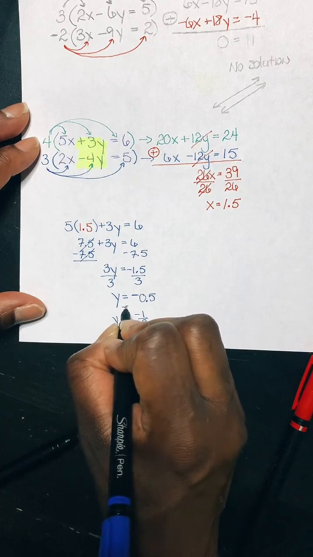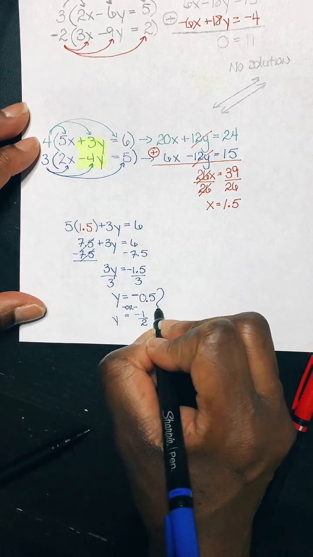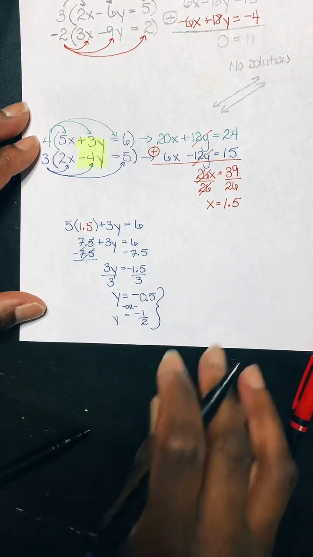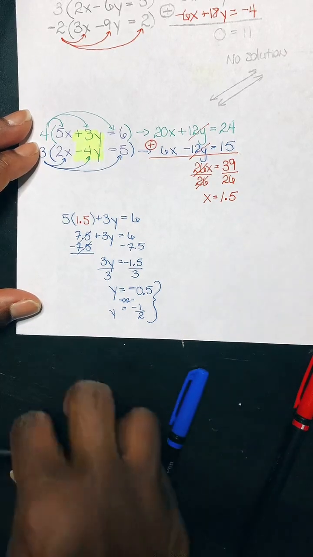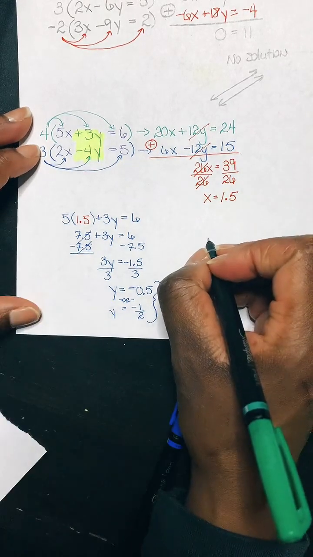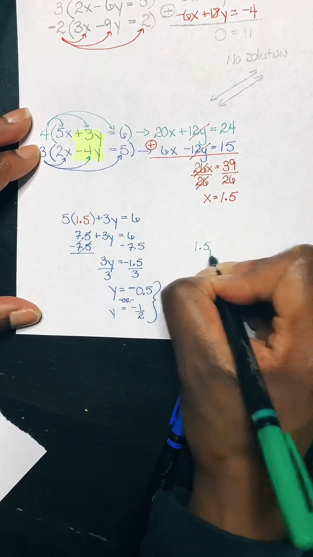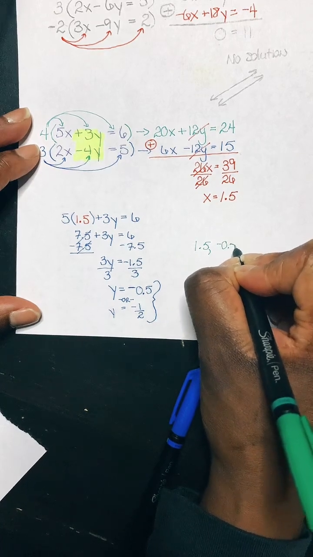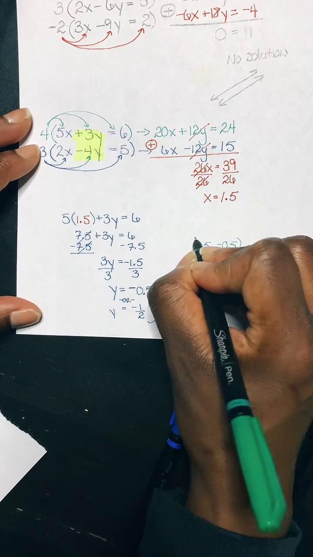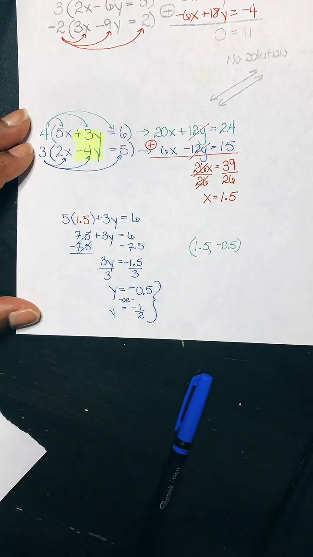I'm going to write the word or. So it could be either one of these two as an answer. Okay. So Marcus is taking us home. So he's saying that our x value is 1.5 and our y value is negative 0.5. So that's going to be our point of intersection.